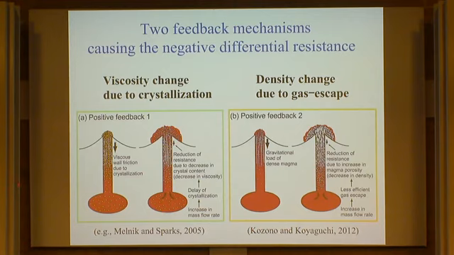Another positive feedback is related to gas escape, density change due to gas escape. This magma flow has resistance due to gravitational load. If mass flow rate increases, then gas escape through the conduit walls is reduced. Then the gas volume fraction inside the conduit increases, the gravitational load decreases, and the mass flow rate increases again. This is the second type of positive feedback.